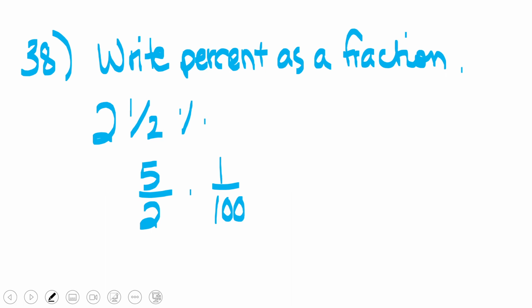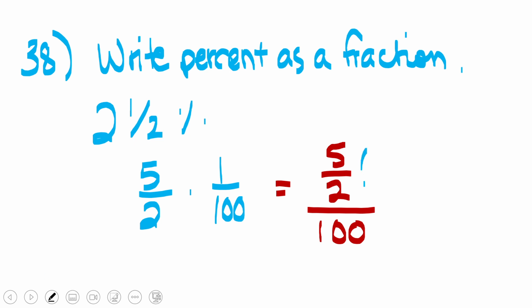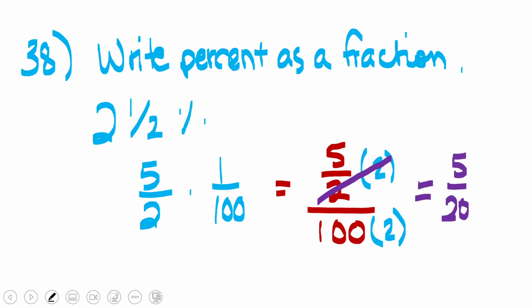You're putting your percentage over 100 because it would be equal to 5/2 over 100. Isn't that the same? Look that over until you get there and think that through. And then we can multiply by 2 on the top and the bottom to get rid of our denominator in the numerator. Cross cancels, so you're going to have 5/200, and that equals 1/40, 5 into itself once, 5 into 200 40 times. And we answered our question.